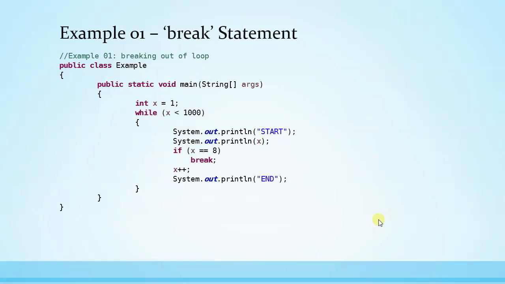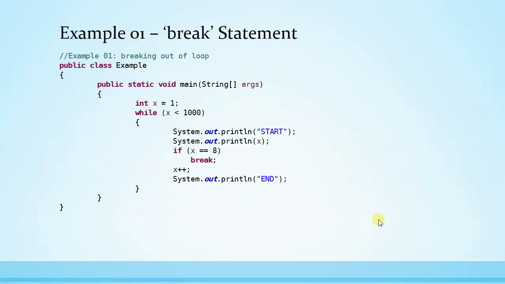In the body we placed a start and end, and we print the variable x. Inside the body we are checking x equal to 8. When x equal to 8, we place a keyword break.